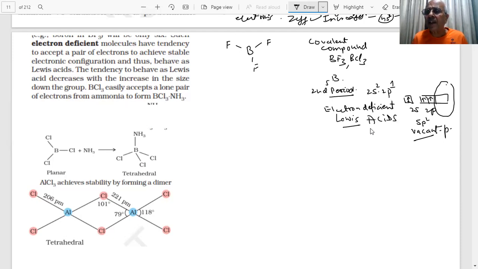So they are Lewis acids. They can accept a pair of electrons. They will be acids. They behave as Lewis acids. And what is the result?